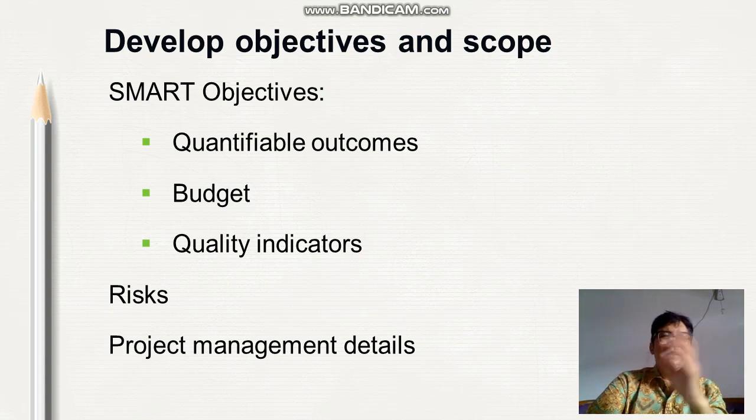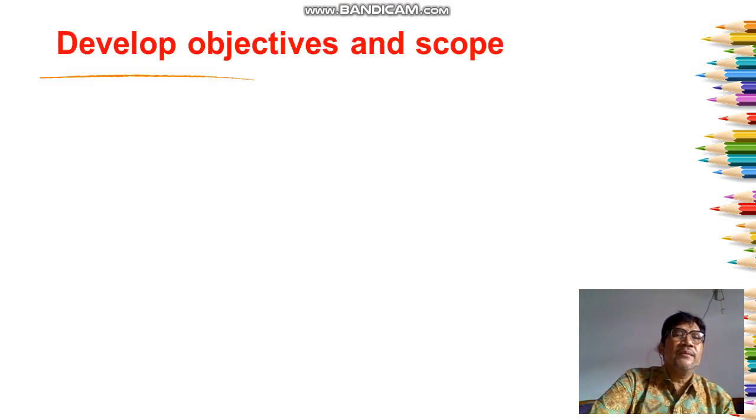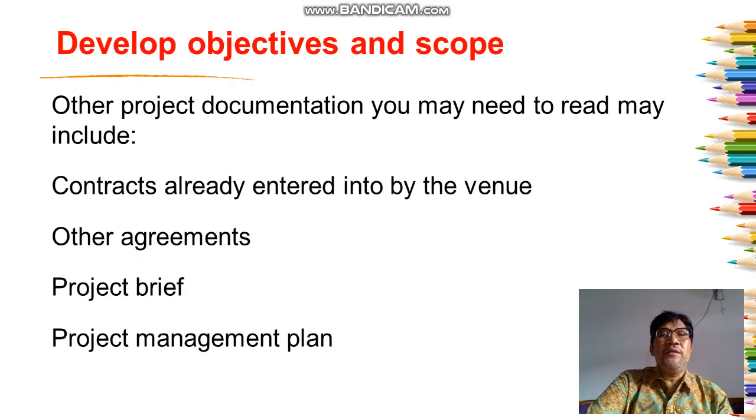This is develop objective and scope as well. Next slide. Other project documentation you may need to read may include contracts already entered into by the venue, other agreements, the project brief, and the project management plan.